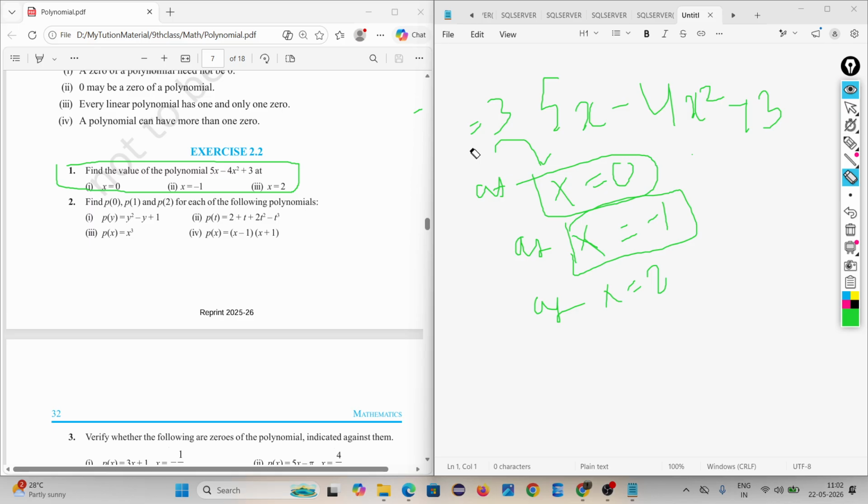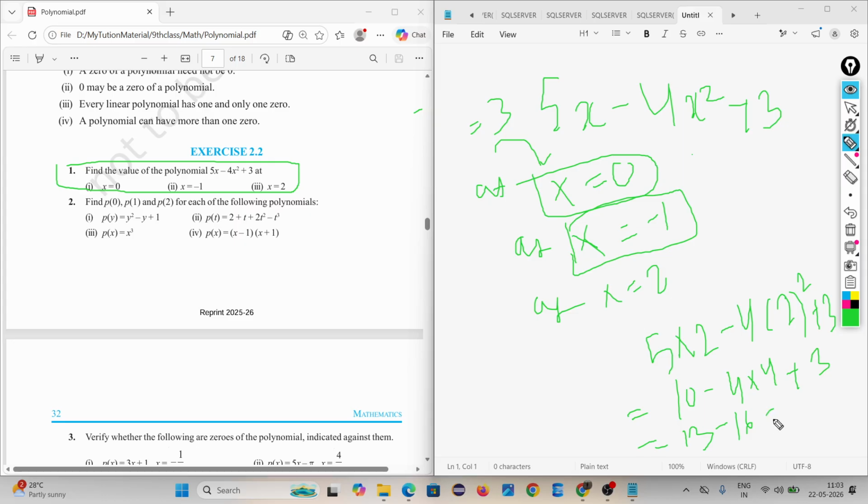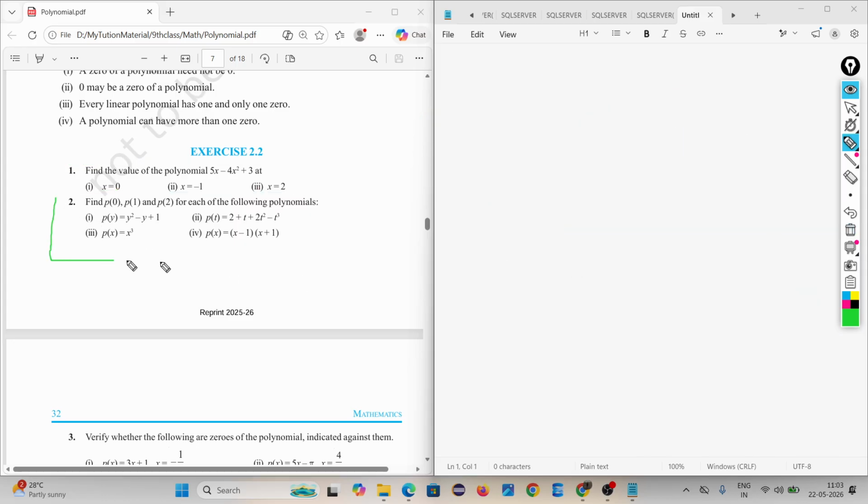Look, 5 into 2 minus 4 into 2 square plus 3. 5 into 2 is 10, minus 4 into 2 square, 4, that is 16, plus 3. 10 plus 3 is 13, minus 16, it is minus 3.